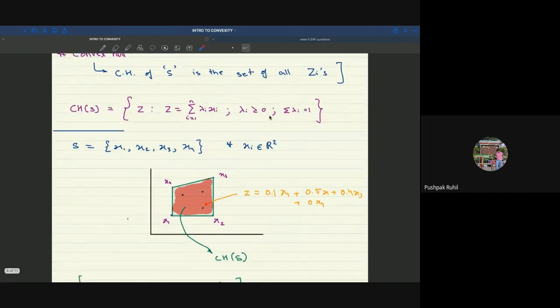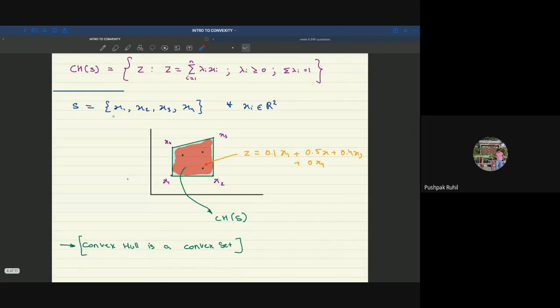So that's what we are doing. And then I've taken this one example. Let's say we have 4 points: x1, x2, x3 and x4. Now they will form this one quadrilateral. This shaded region inside, along with the boundary points, is going to be our convex hull for these 4 points. We can take any point inside this shaded region, and some sort of convex combination would exist.